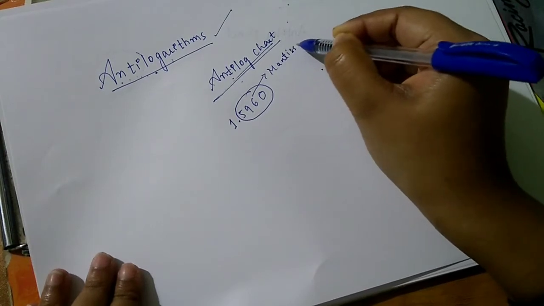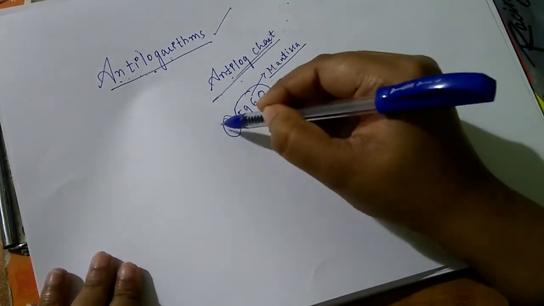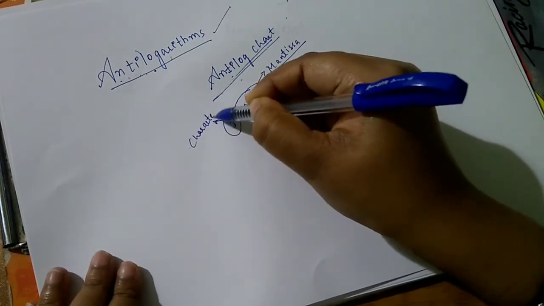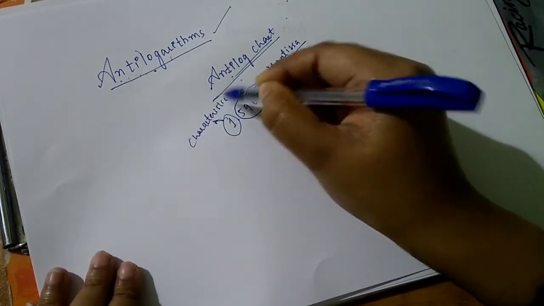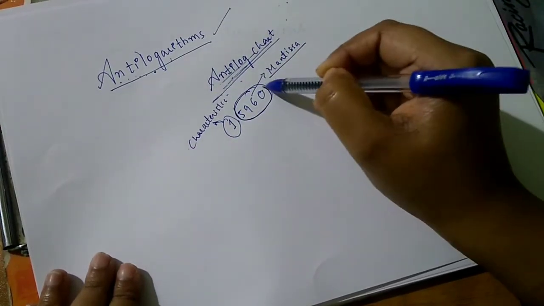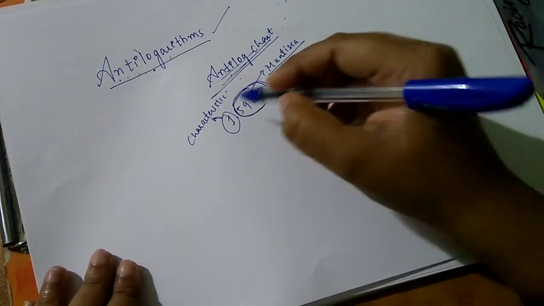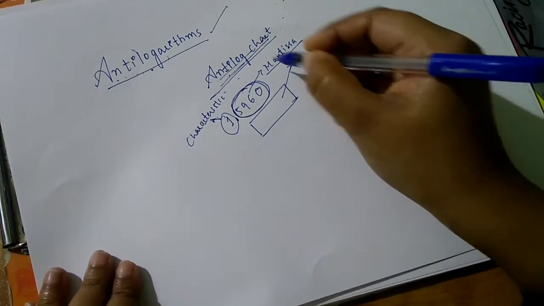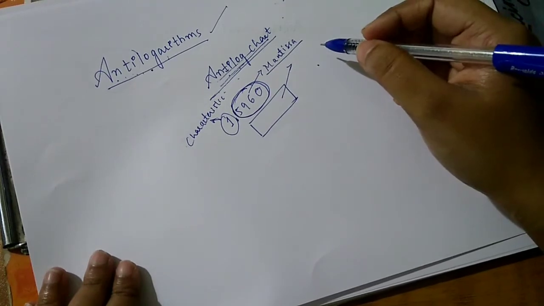After the decimal point it is called the mantissa. Before the decimal point it is called the characteristic part. I have already explained this. When you are seeing antilog, you have to look into the mantissa part only. So this mantissa part plays a very important role in finding the antilog of a given number.